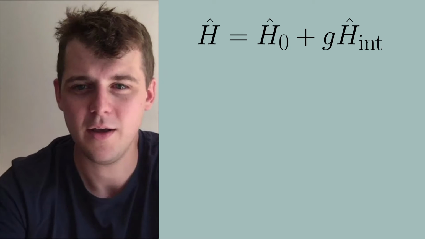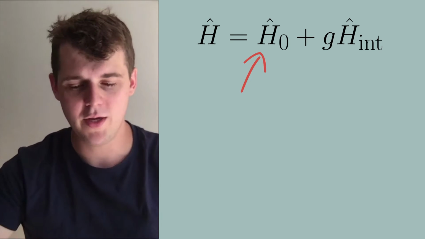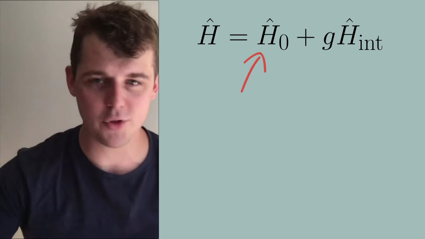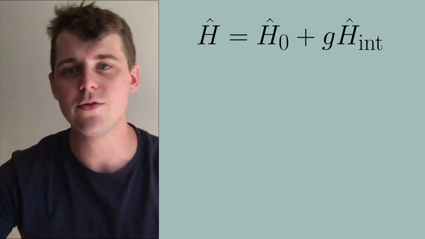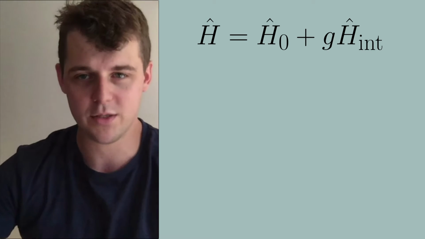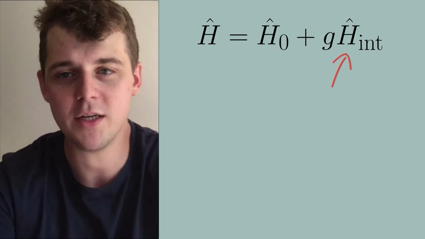So what we're doing when we're doing perturbation theory in quantum mechanics is we've got some full Hamiltonian H. H naught is some free Hamiltonian, which we know the dynamics associated with. So if we solve some Schrodinger equation with H naught, we would know how to solve it, find all the eigenvalues, and so on and so forth. And what we do is we consider some interaction Hamiltonian, which I'm calling H int here.